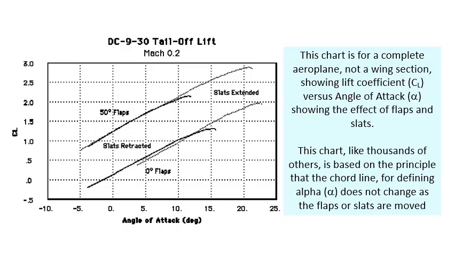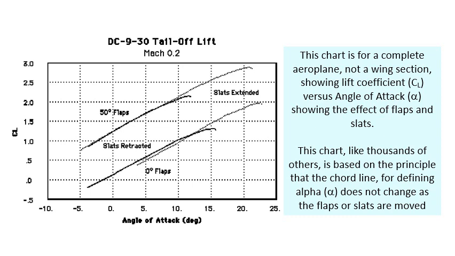And here we have a chart for a complete aeroplane showing lift coefficient versus angle of attack, alpha, showing the effect of flaps and slats. As you deflect the flaps, the CL increases, the CL alpha curve moves up, and as you extend the slats, the CL alpha curve is extended to the upper right, so the stalling angle increases, and there's a small reduction in stalling angle when flaps are deflected.